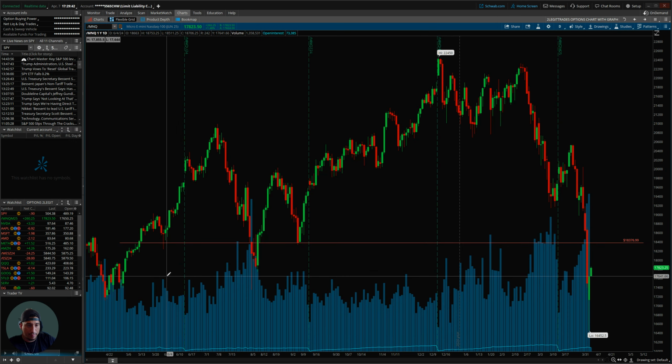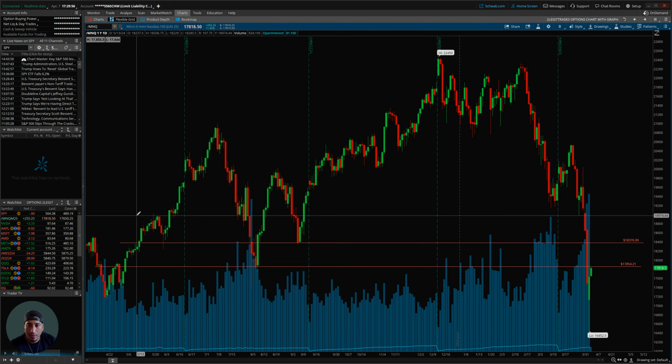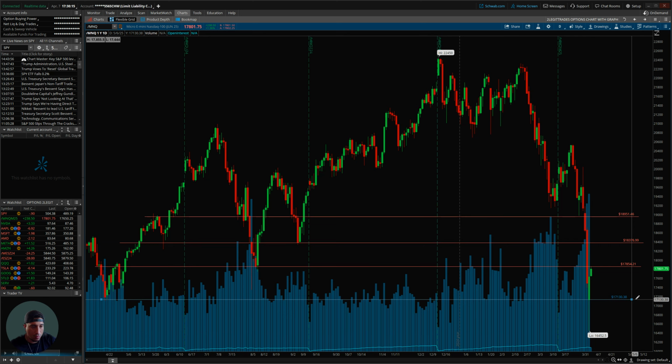We have another level right around this area, right there. When I'm doing these levels, I like to stick to where the price is currently moving. So I have the levels right here, and then we're gonna do a low. That was a wick, but I'll drop it right here at about 17,130. All right, so I got 4 key levels for the year.